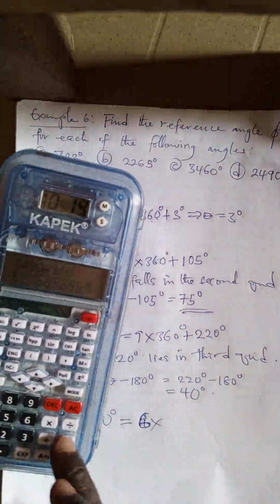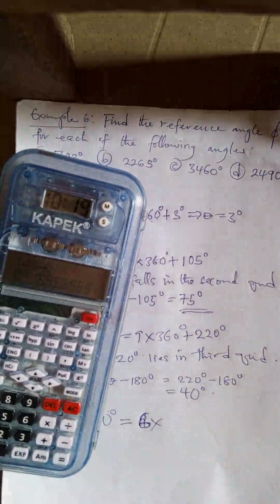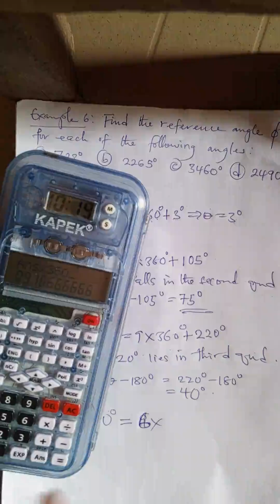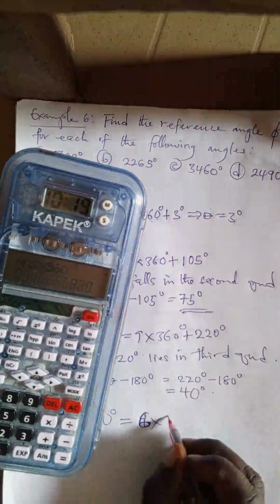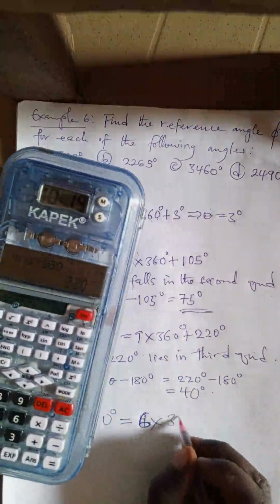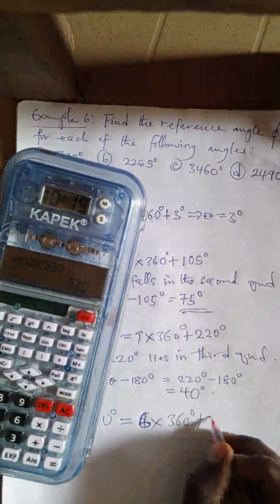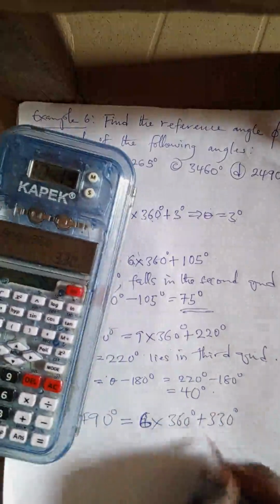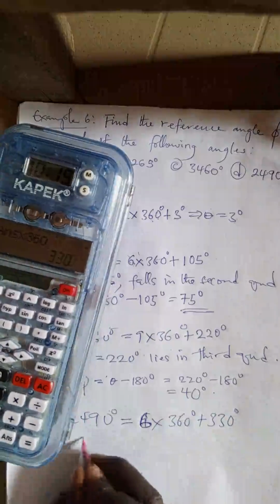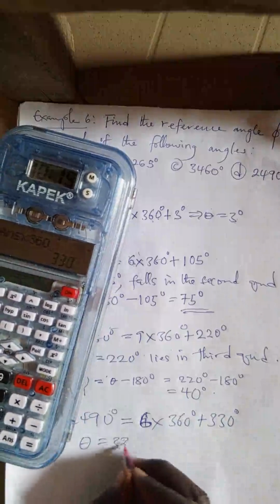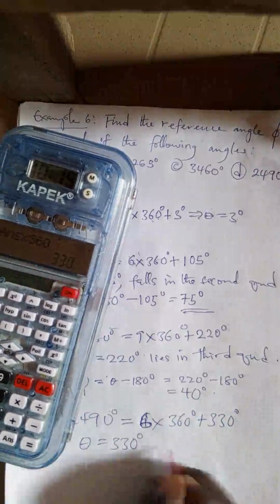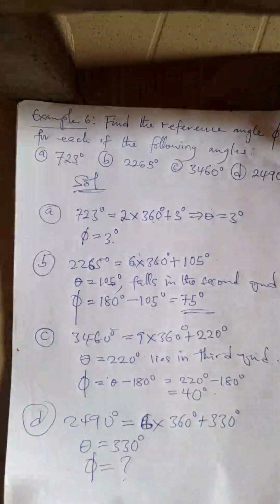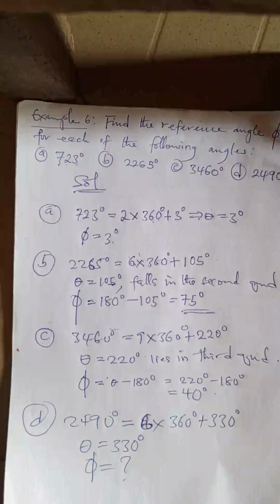So you say 6.9 minus the whole part 6, and then the answer times 360. So this is equals to 6 times 360 degrees plus 330 degrees. So you see the remainder here is your theta. So theta is equals to 330 degrees. So kindly find the reference angle for theta here. This is left as an easy exercise for the viewer. Thank you very much.